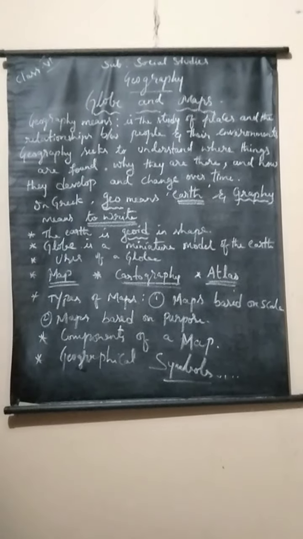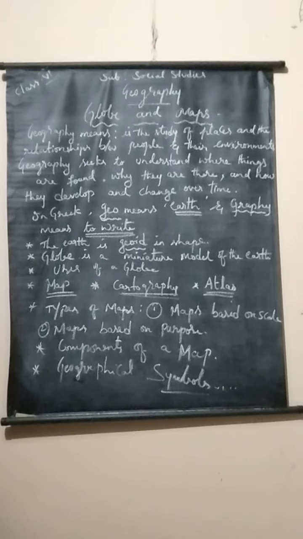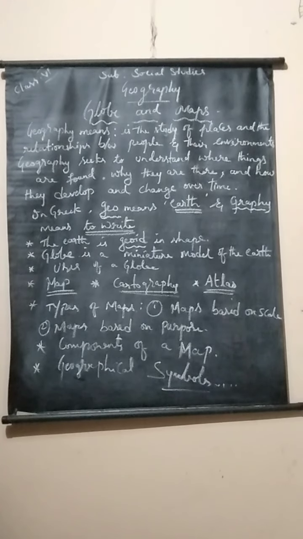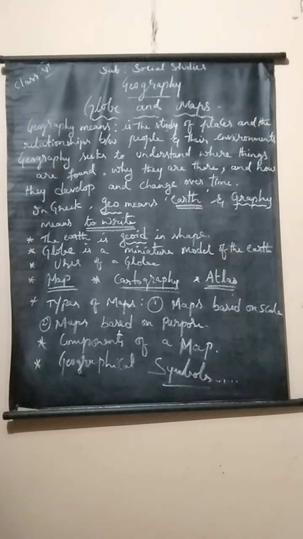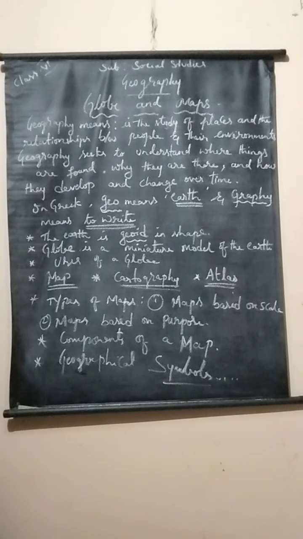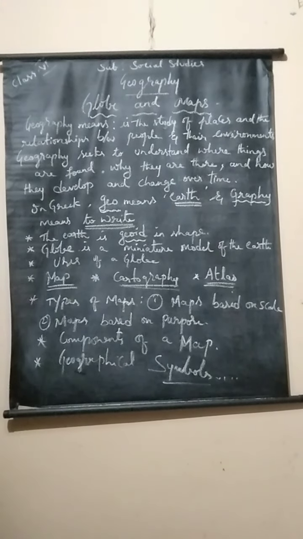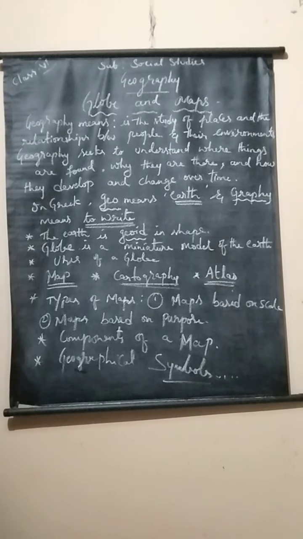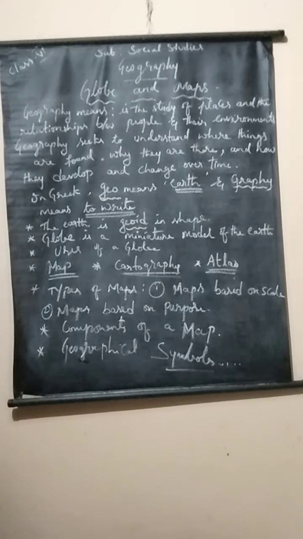Next, map reading. How do we read the map? To read and to understand a map, you need to know the meaning of the symbols. Just as you need to know the letters of the alphabet to form meaningful words, in the same way, you have to know the meaning of colors, lines and symbols which are used on a map.